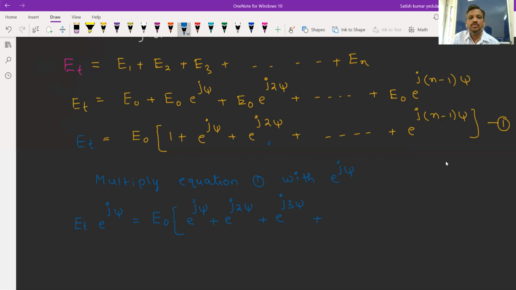That means here if it is 2, it will be increasing by one value. This n minus 1 will become n, that is e power jn psi. Call this equation number 2.